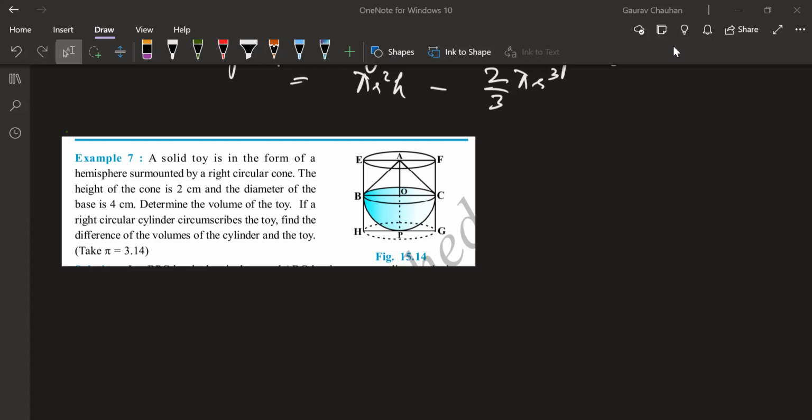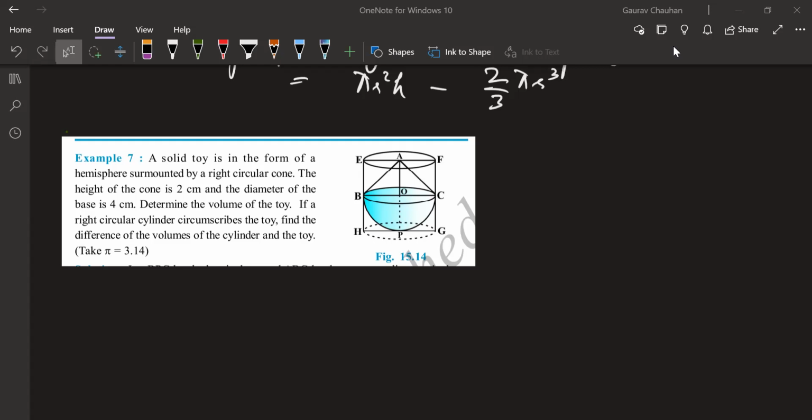I don't know why they have put this diagram in which only the hemisphere is blue. It does not make sense. But are you getting the difference here? When you're reading this sentence, you read it fully, and then your mind should go, okay, how to break it down? That sentence fully describes the solid toy.